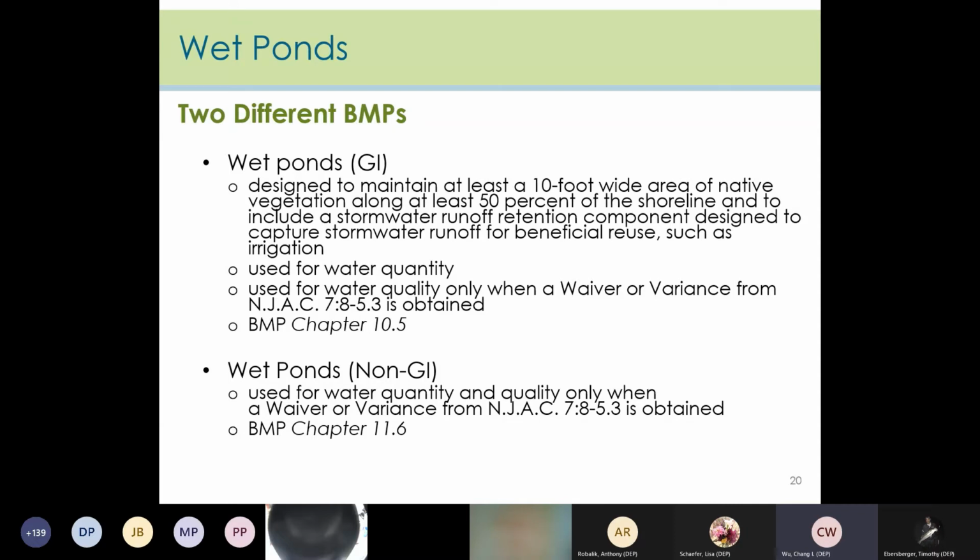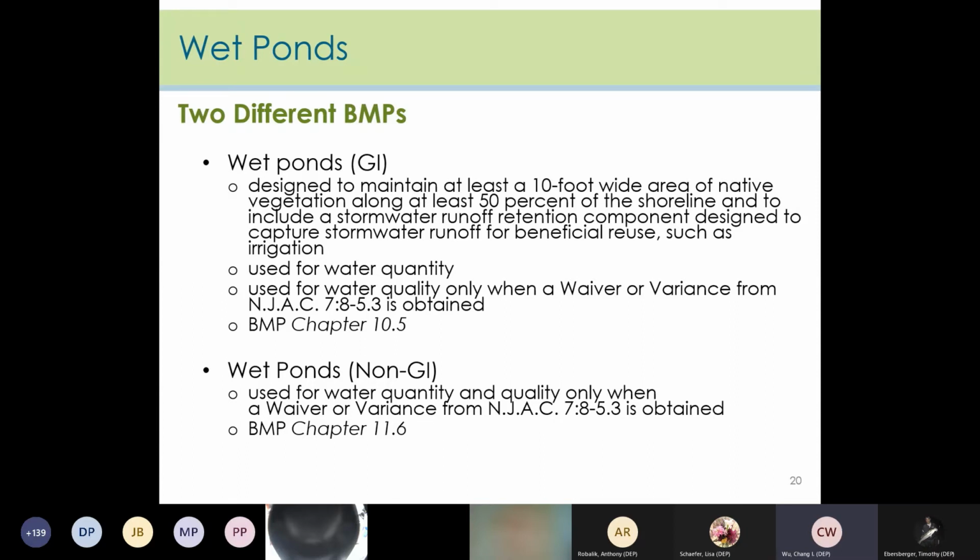And the GI wet pond can be used for water quantity, but if you want to use the GI wet pond for water quality, then you have to receive a waiver or variance from 7:8-5.3, and the design criteria is described in BMP chapter 10.5.